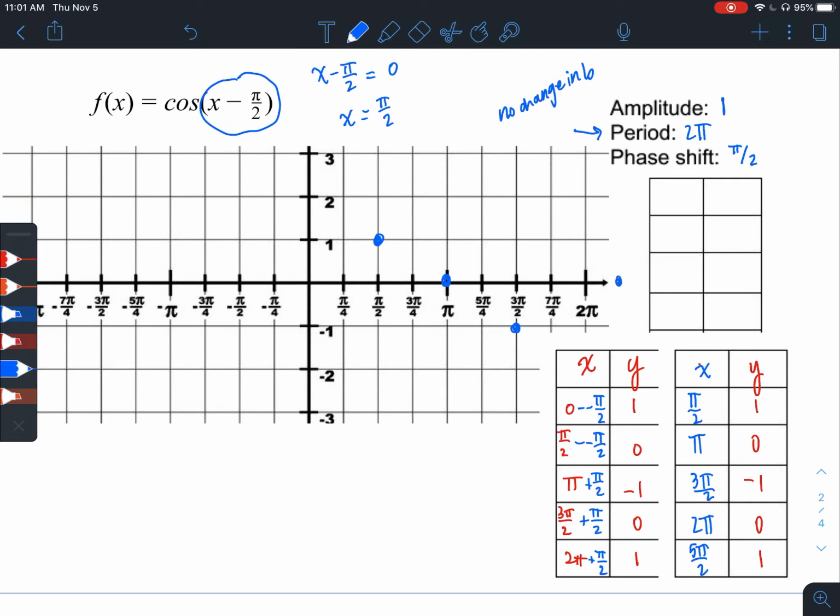Probably more like here. Why doesn't this look right to me? Oh, because 2 pi is supposed to be 0. And then 5 pi over 2 is 1.